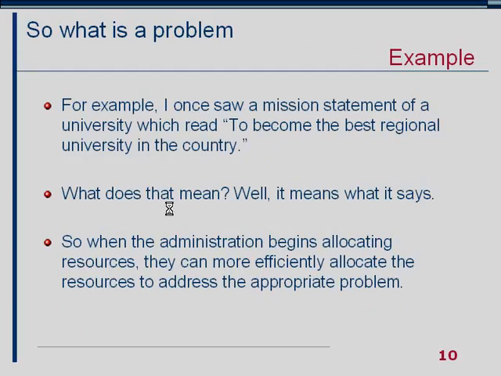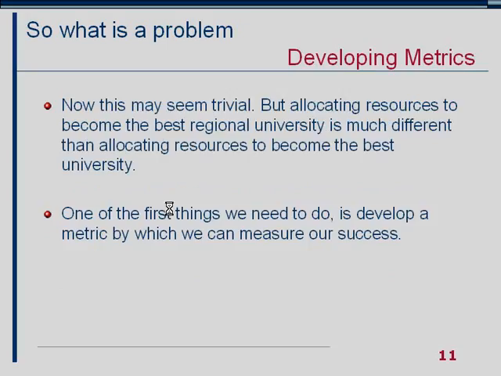But when you think about it, when administration begins allocating resources, they can more efficiently allocate resources to address this specific problem. And to become the best regional university in the country is much different than becoming, say, the best university in the country. So your criteria, your metrics are different in how you allocate your resources.